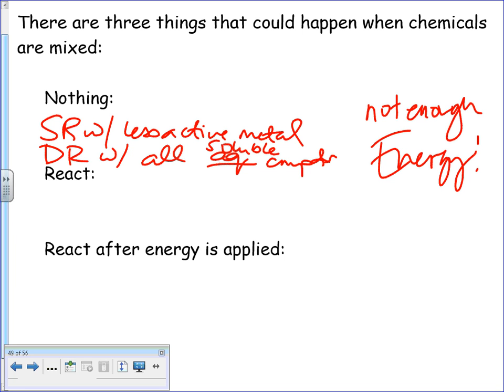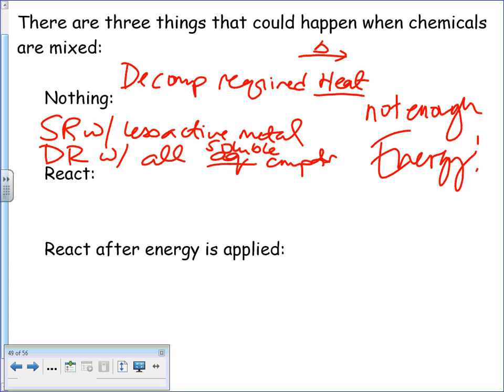It doesn't have enough heat. Do you remember in some of our decomposition reactions, we said it required heat? That was where we put an arrow with a little triangle. That's a needed component. It's not a reactant, but it's a condition that is needed before this reaction can occur. So those are some things that won't happen until you give it enough energy or put it in the right conditions. Or things react.